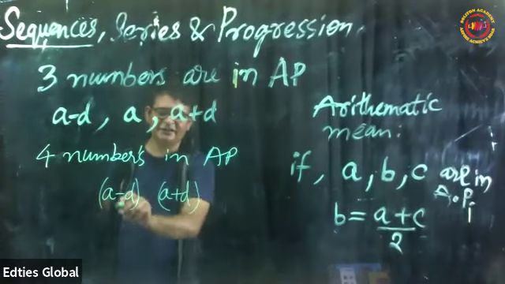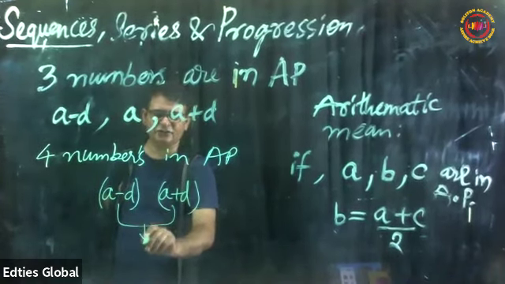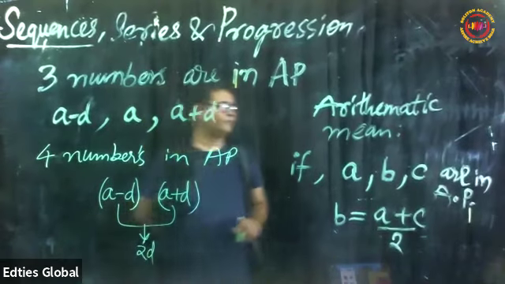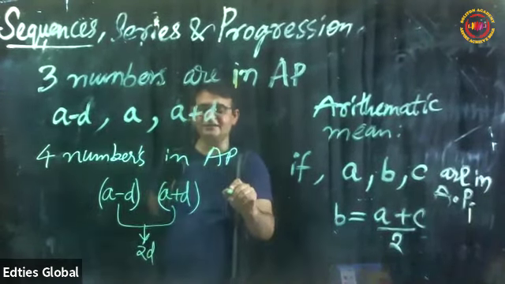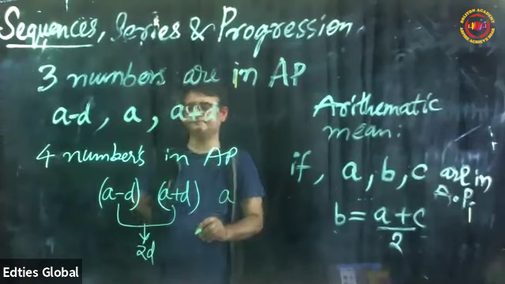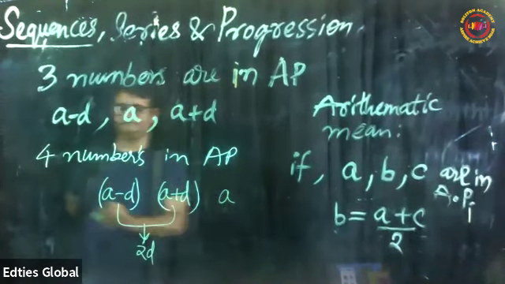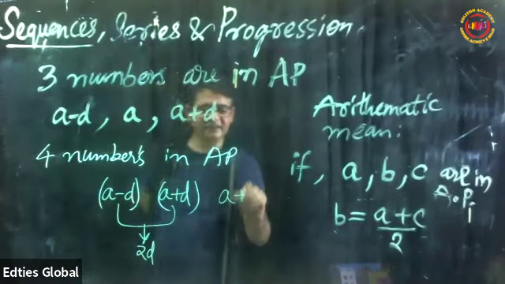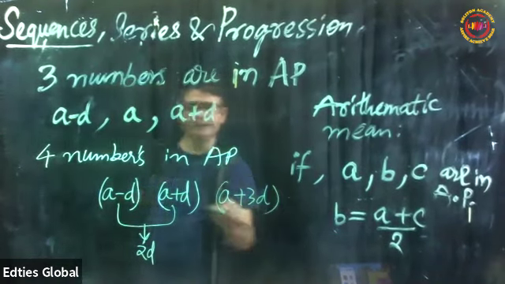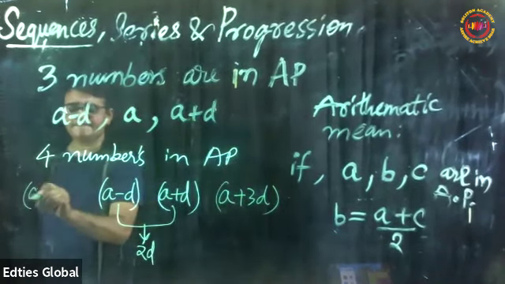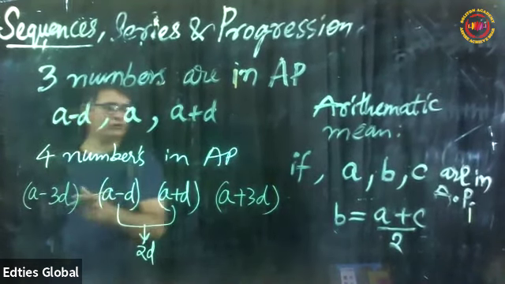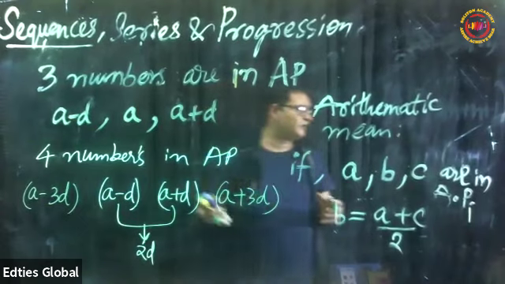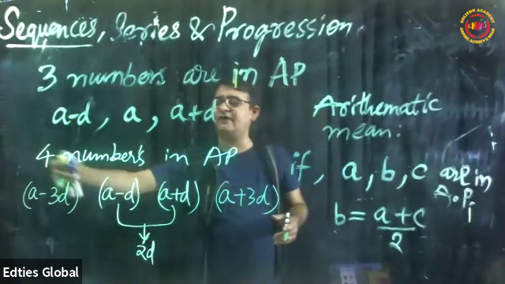So you can see their difference is actually 2D. So the next term will be A plus 3D, exactly. And here the term will be A minus 3D. Fantastic. Okay, so these are general techniques, and then you can go to the 5.